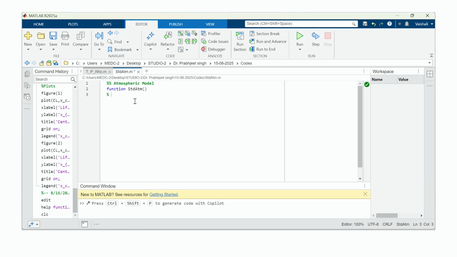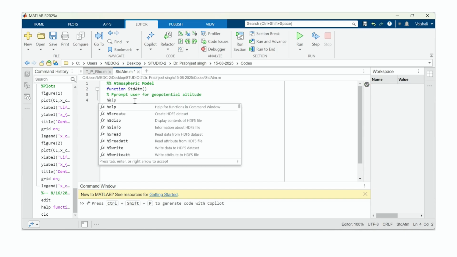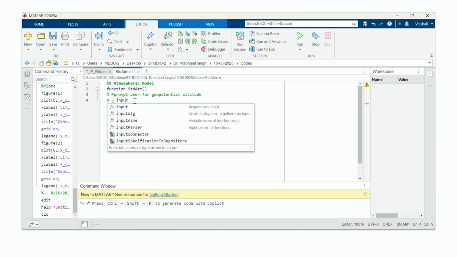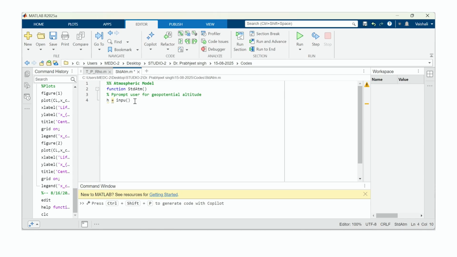Please prompt the user for the geopotential altitude. h equals input; for that the command is input, with brackets.